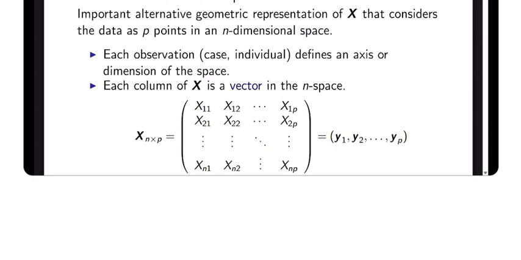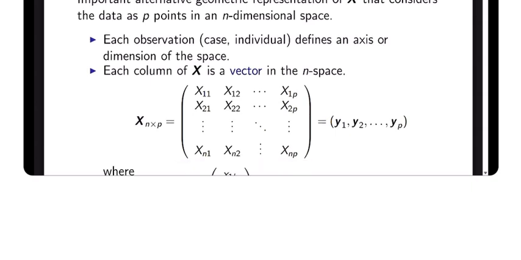All of that will take center stage when we start principal component analysis, where we may want to understand the length of the axes, the direction of the axes, and so on. So that's the dimension of the space, and you can see S is a vector in n-space. Here we are defining the observational space.